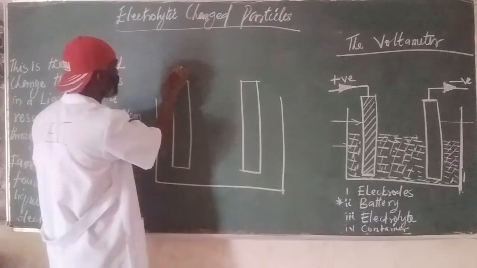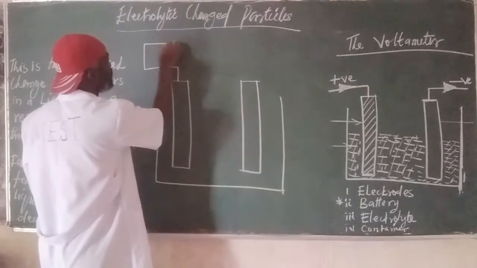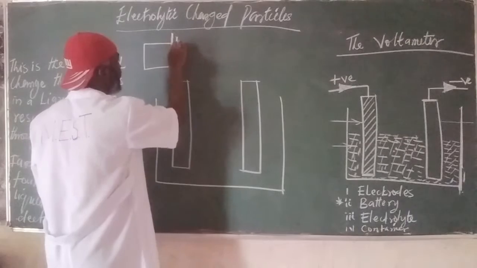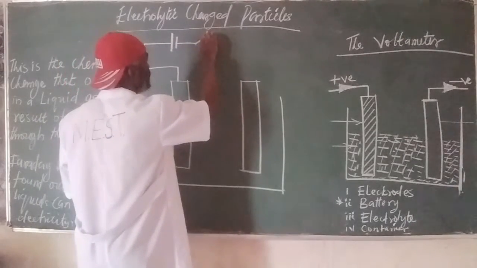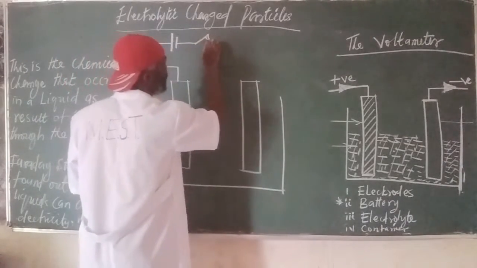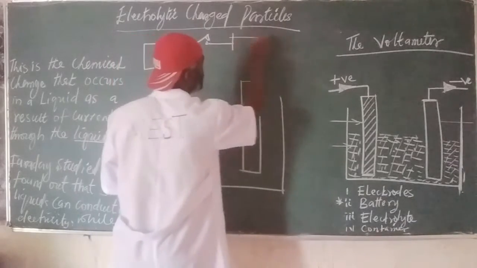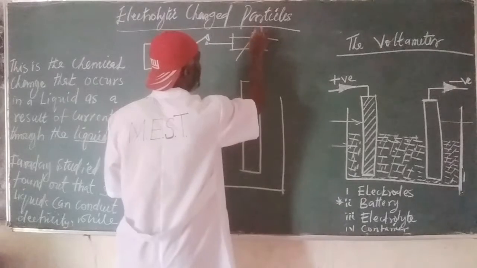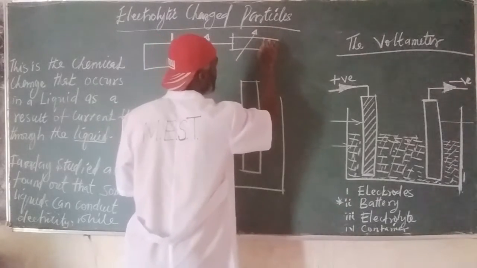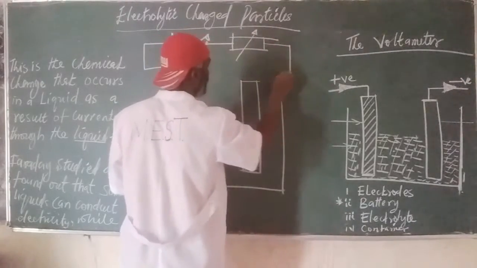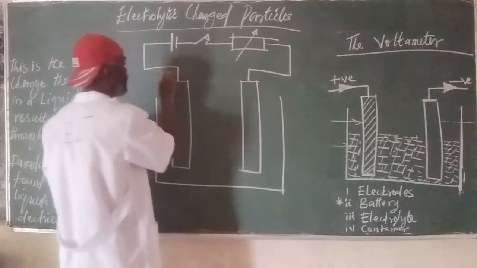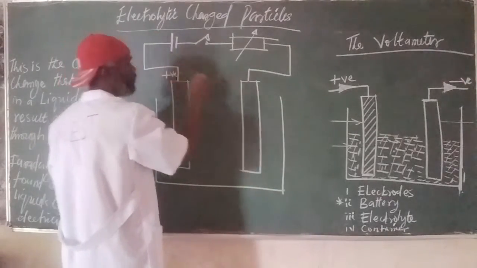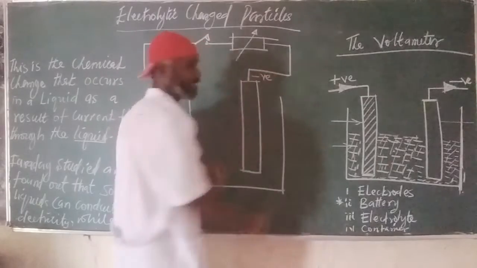Okay, I have to connect certain things here. Cell, and then maybe the key, and maybe this key is connected to rheostats. Rheostats for altering the value of current entering into the system, and we have that all back to this. If this is positive, definitely this should be negative.